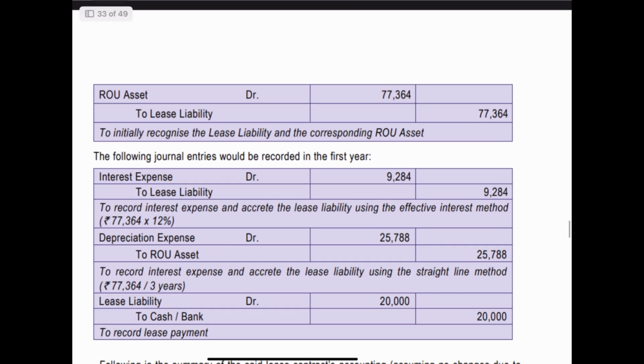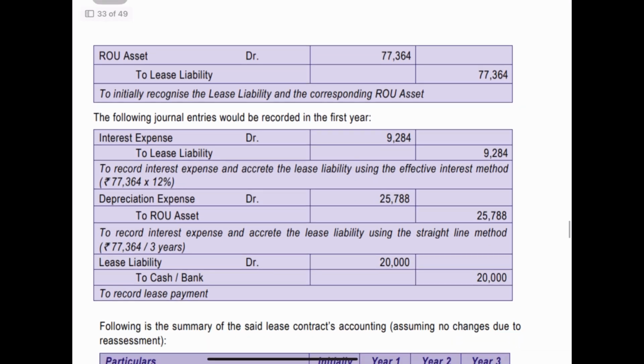Here we can also show how the journal entries should be passed in the books of the lessee. Initially the ROU asset, ROU means right of use. The right of use asset needs to be recognized at the initially recognized value of 77,364. So the ROU asset is debited by 77,364 and the equivalent liability is created for 77,364.